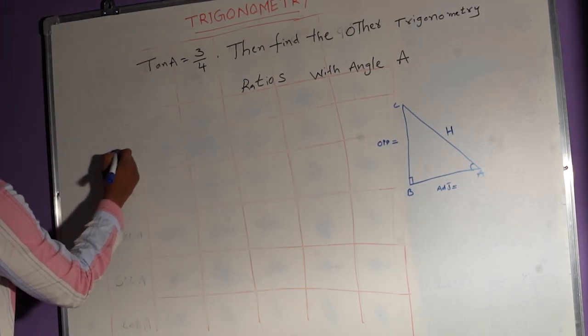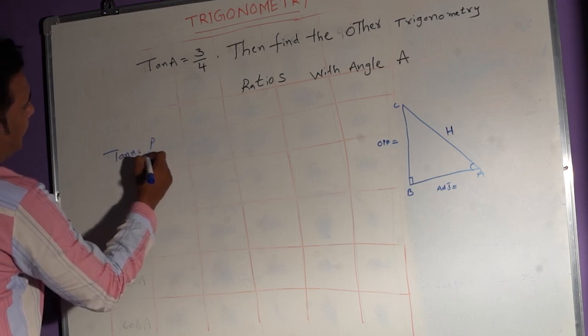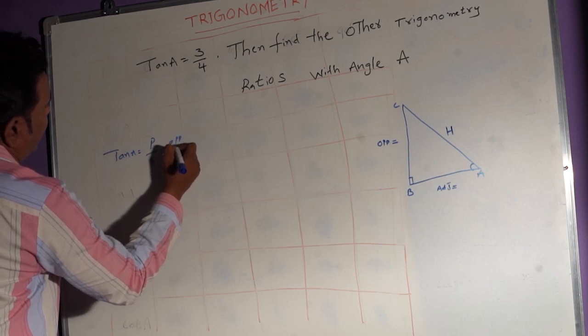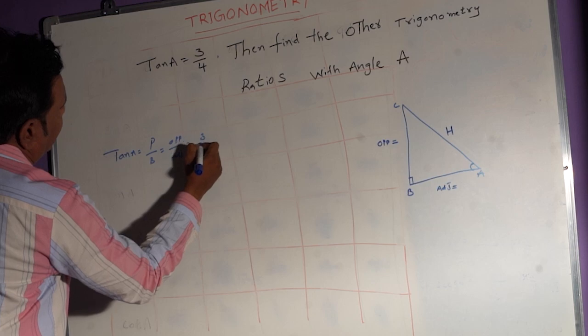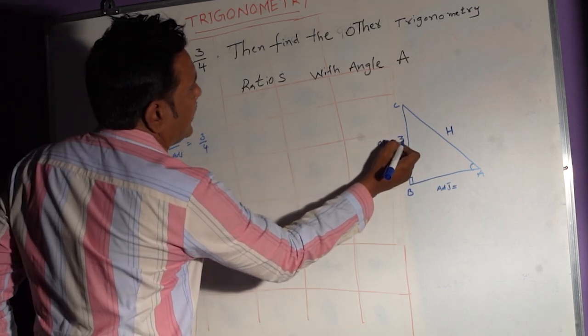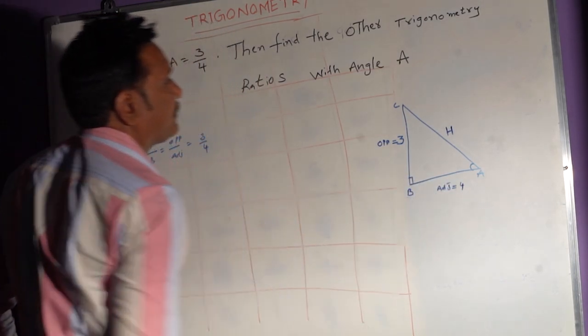Then Tan A is equal to P by B, that means opposite by adjacent. That means 3/4. Opposite is equal to 3 and adjacent is equal to 4.